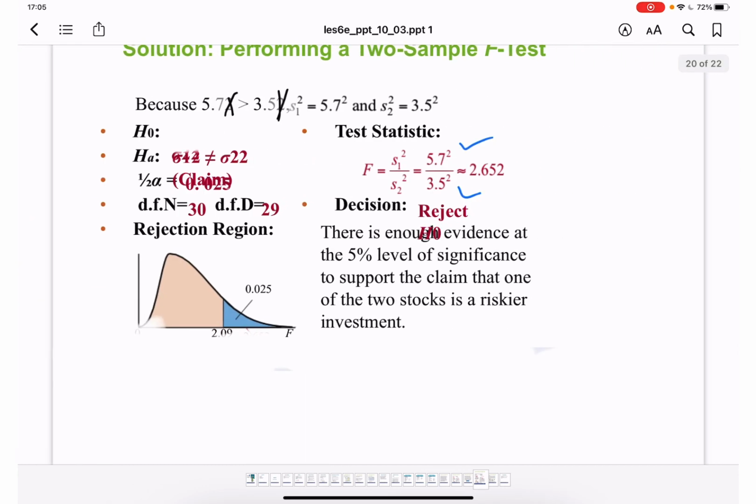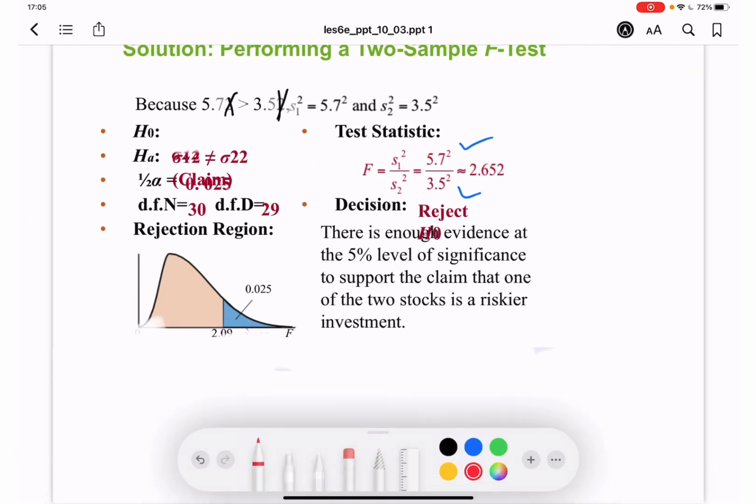So here we are going to write down sigma 1 squared equals sigma 2 squared, and sigma 1 squared not equal to sigma 2 squared.